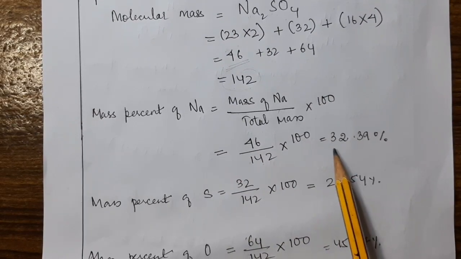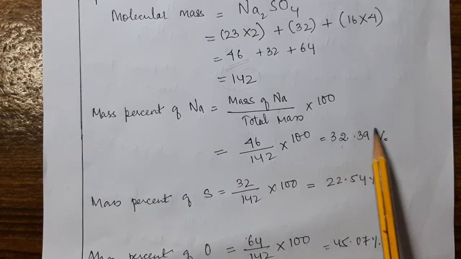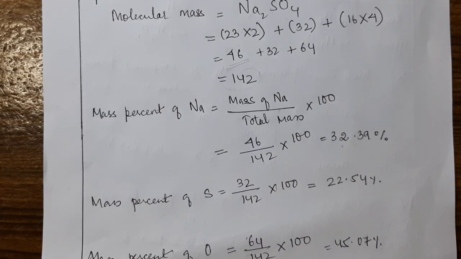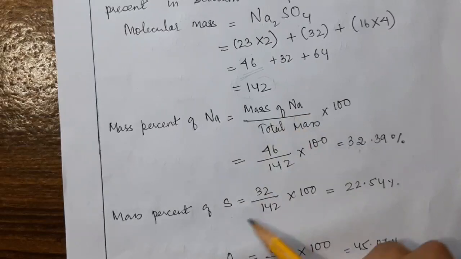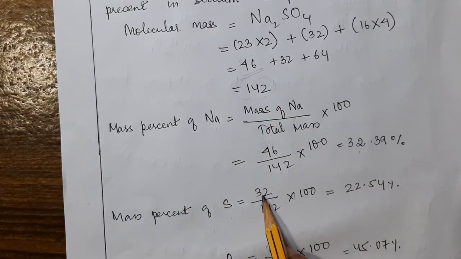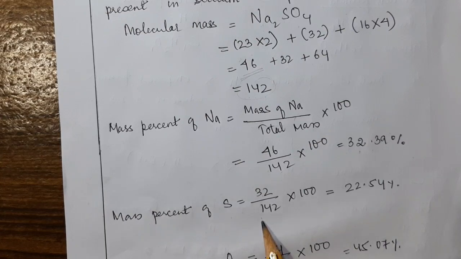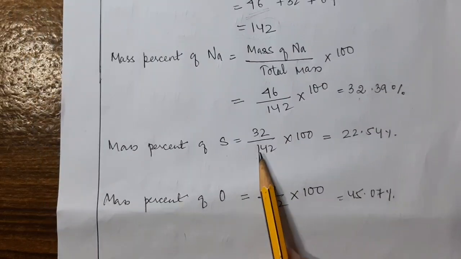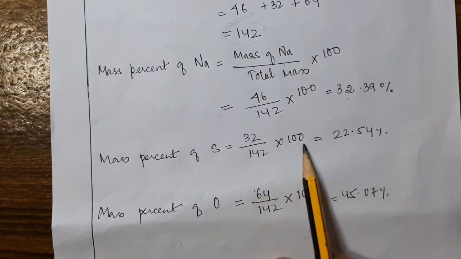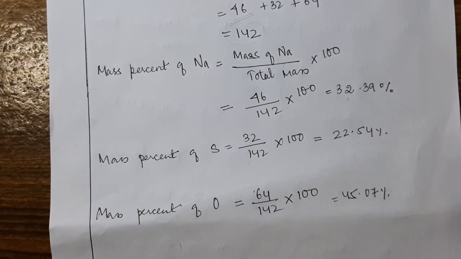That turns out to be 32.39%. Then the mass percentage of the next element, sulfur: weight of the sulfur divided by the total mass, the molecular mass. Weight in the compound is 32 divided by 142 into 100, 22.54%.